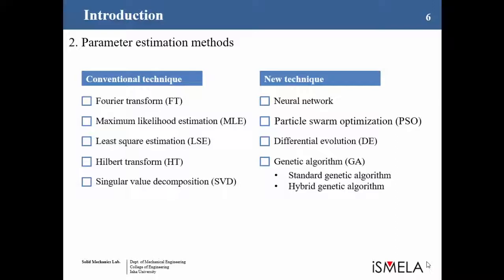As an alternative, neural network, particle swarm optimization, differential evolution and the genetic algorithm are used in some applications because of no major need of prior information about the problem. Genetic algorithms are used widely.